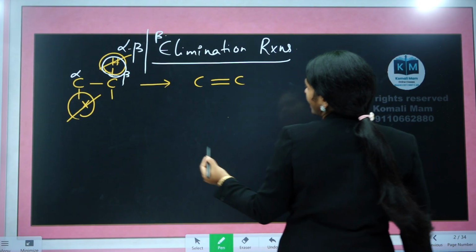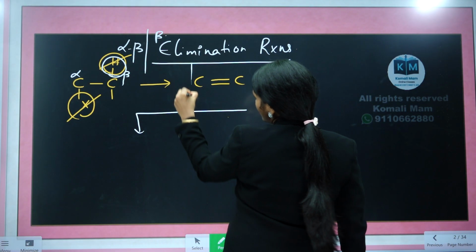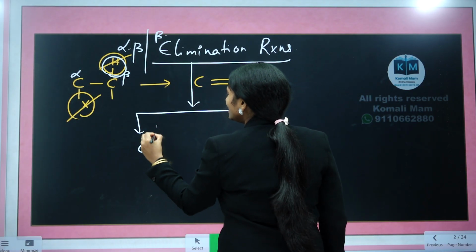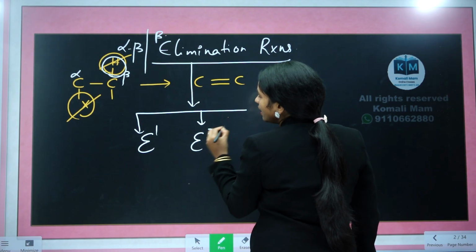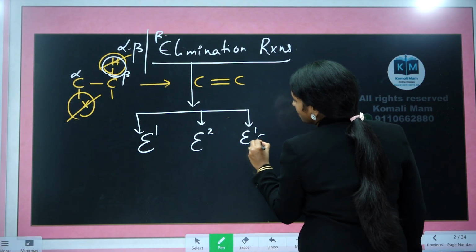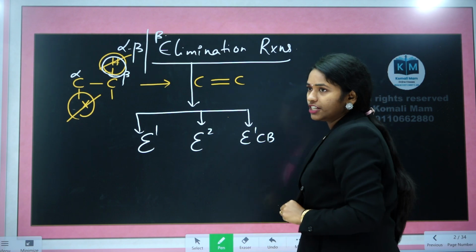Elimination reactions are classified into 3 categories. What are those? E1, unimolecular elimination reactions. E2, bimolecular elimination reactions. E1CB, unimolecular conjugate base elimination reactions.